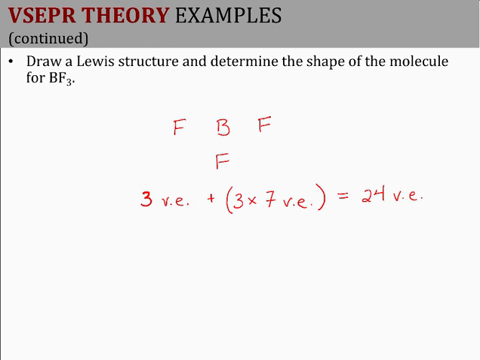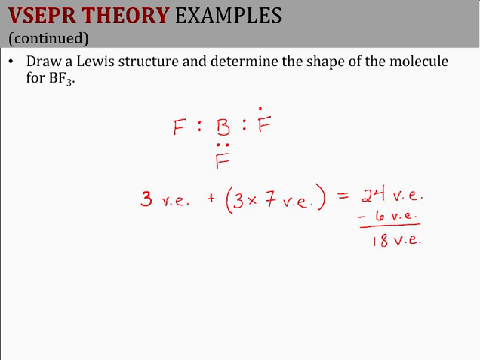So now we're going to start making some bonds between boron and each of the fluorines. So we've used up 6 valence electrons, and that means we have 18 valence electrons left. So now let's give each fluorine an octet.